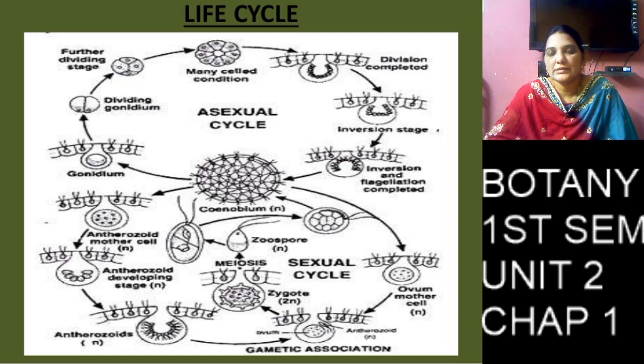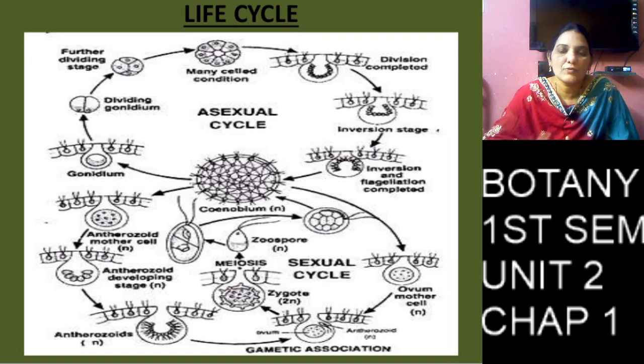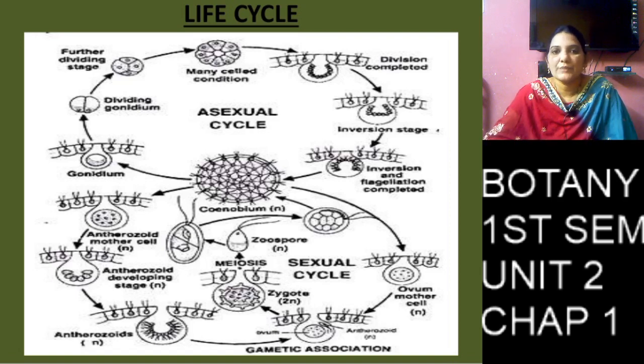When the mother Volvox disappears, the daughter colony produces a new Volvox coenobium.